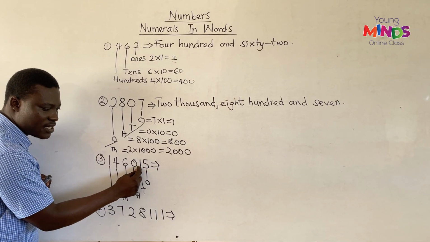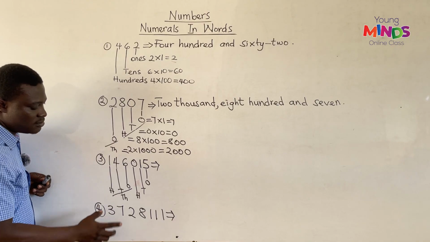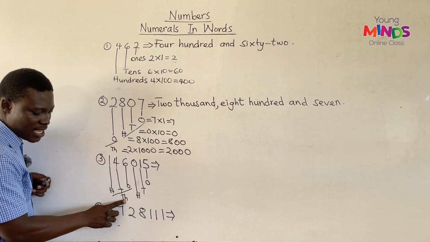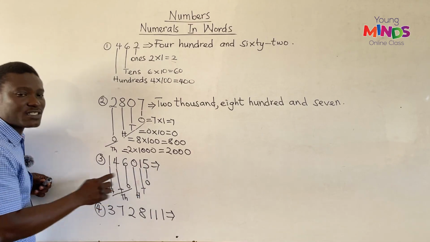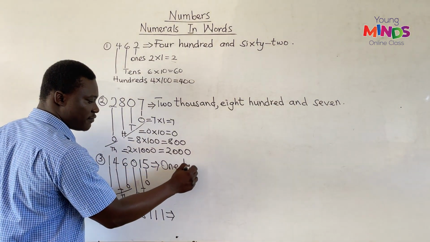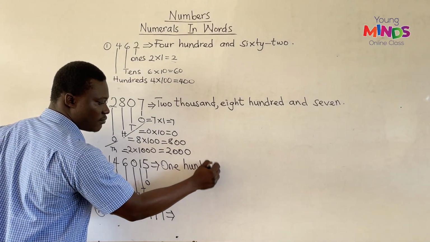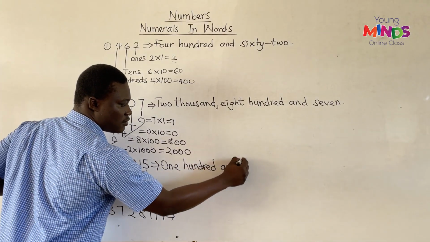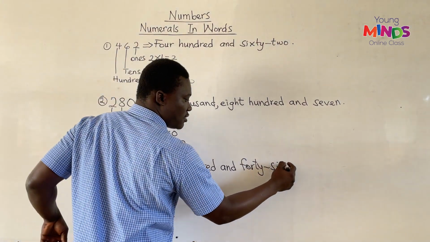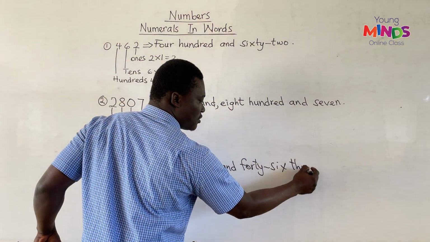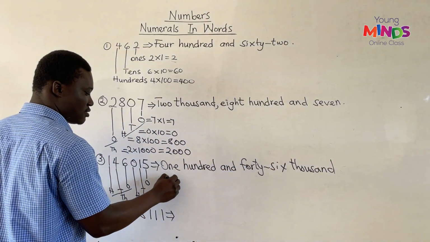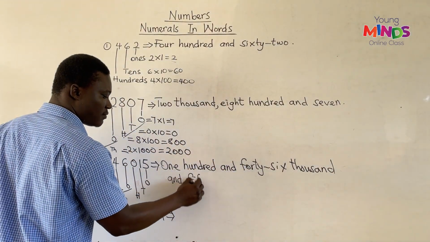So we'll come and continue and say 15. So 146,015. So we write it this way.